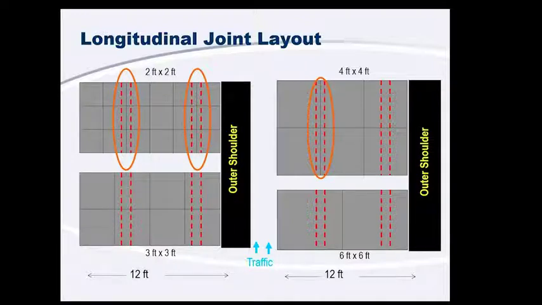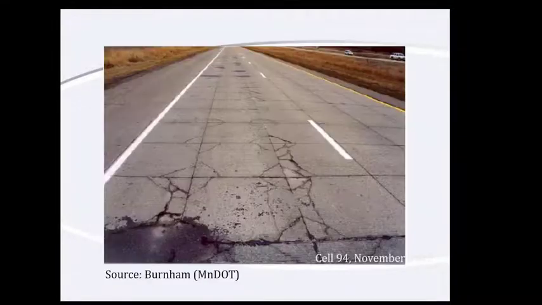We actually had a joint in the middle of our driving lane. You can see that in the 6 foot by 6 foot case. We've actually moved the wheel path away from right on the joint as we would typically see it in a typical 12-foot lane where our longitudinal construction joint is right on the center line of the pavement.